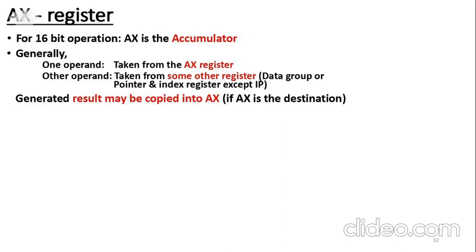If AX is in place of destination, then the result will certainly be copied into the AX register. But if some other register is in the place of destination, then the result may be copied to that other register. It means that the generalized concept of accumulator is not applicable here in case of the 8086 or 8088 AX register.